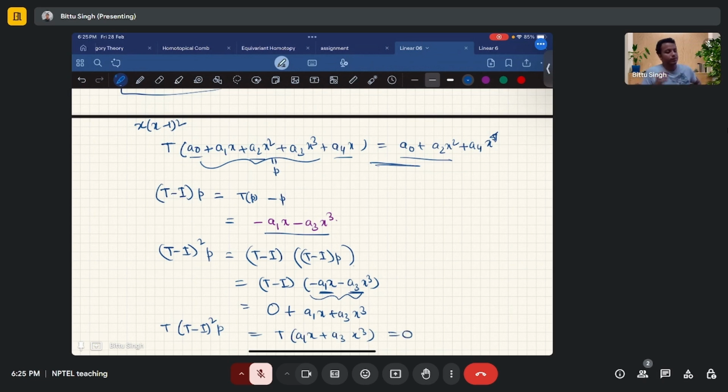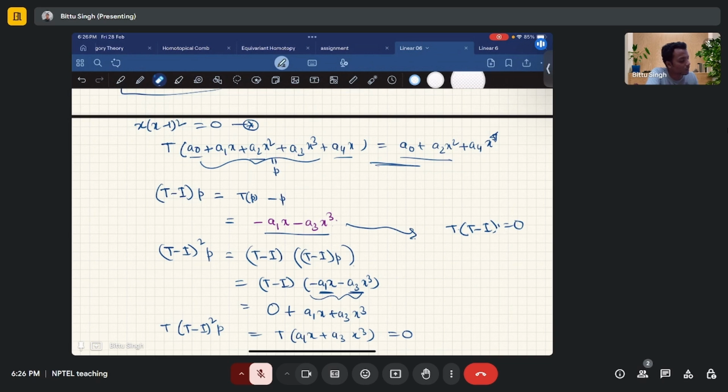But though T satisfies this equation, x(x - 1) whole square equal to 0, we can see that T(T - I) is also 0. From here it is easy to see, right? Just take any polynomial and apply T on this thing, and it is clear this is 0.